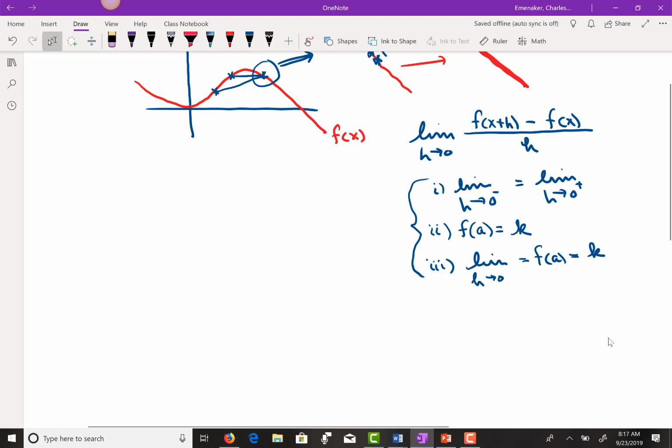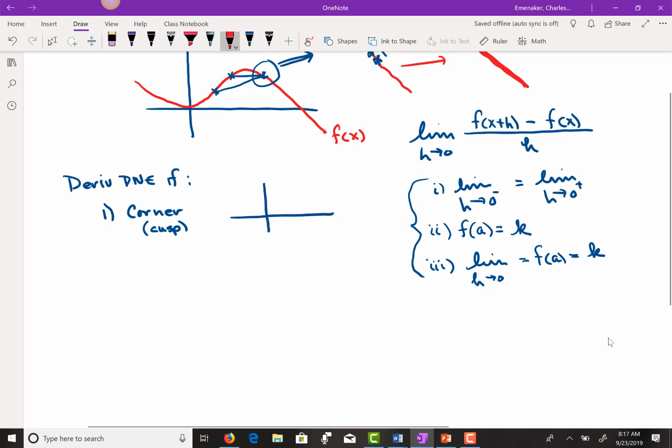What do these points look like? Derivatives do not exist if, one, you're at a corner. A corner, what's that look like on a graph? This can also be a cusp.